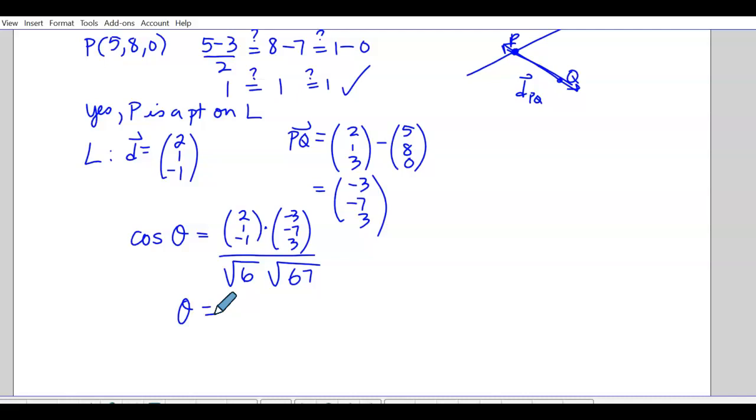So negative 6 minus 7 is negative 13, minus 3 is negative 16.